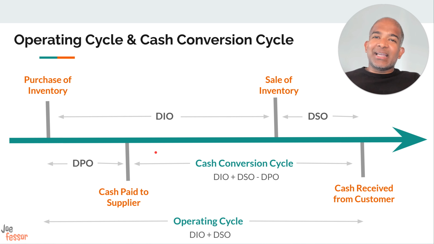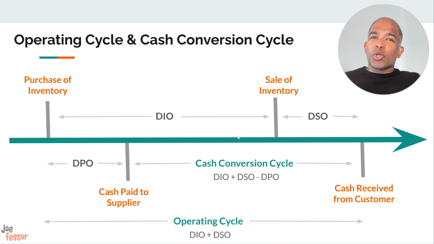The cash conversion cycle takes into account the fact that a company gets credit from its suppliers, which reduces the time it needs to finance its operations. A shorter cash conversion cycle, or CCC, means that a company can quickly convert its investments in inventory and other resources into cash, and a longer CCC means that funds are tied up for a more extended period.